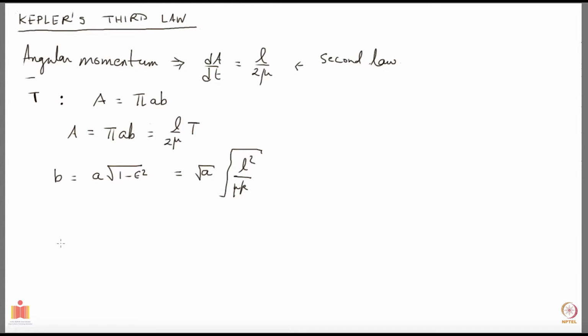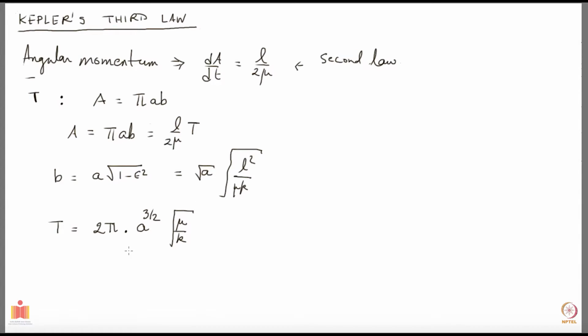You will get that T is equal to 2 pi a to the 3/2 times the square root of mu over k. The algebra is simple, you just have to plug in a few quantities here.